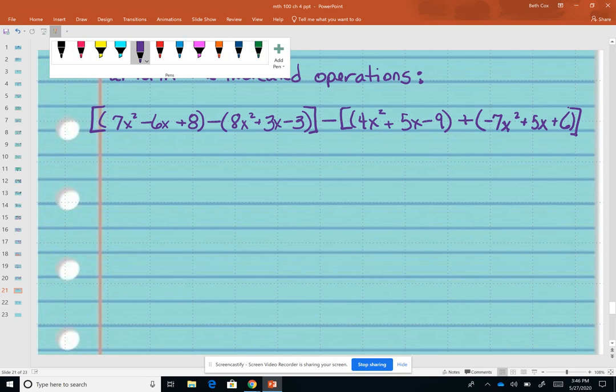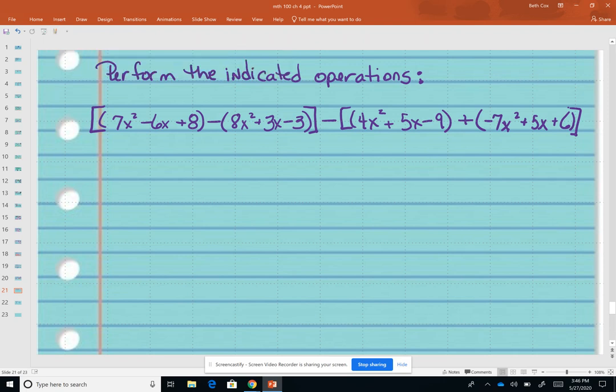All right. First thing we're going to do is order of operations. Notice we've got these brackets here. So I'm going to do that first, and then I'm going to do that, and then I'm going to subtract. Okay, so let's go into the first bracket. We've got a trinomial minus a trinomial.